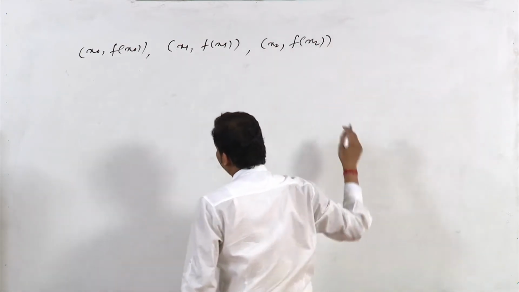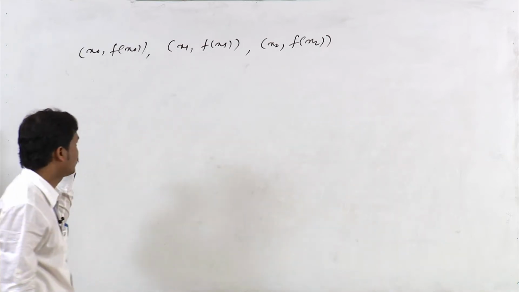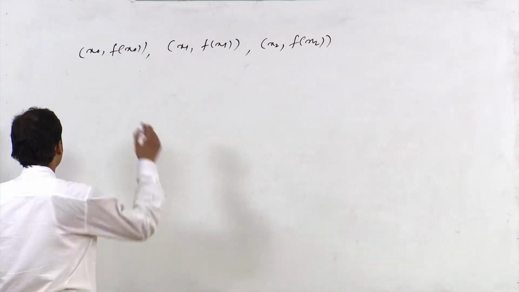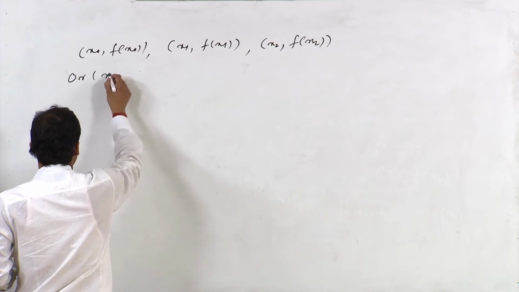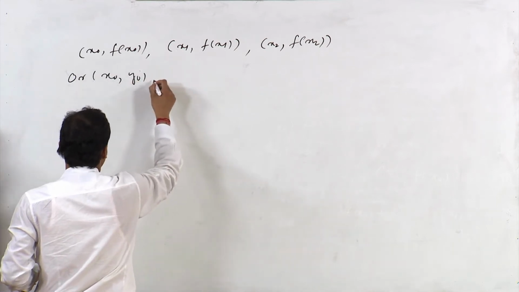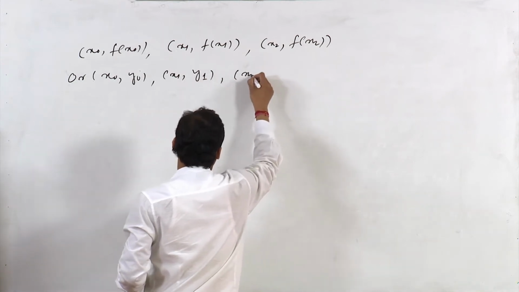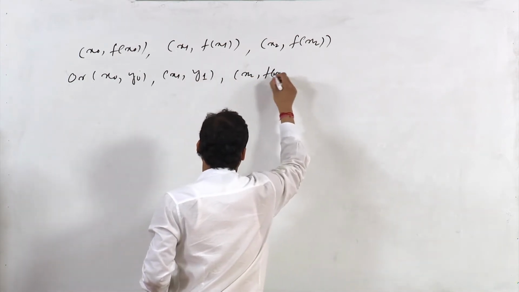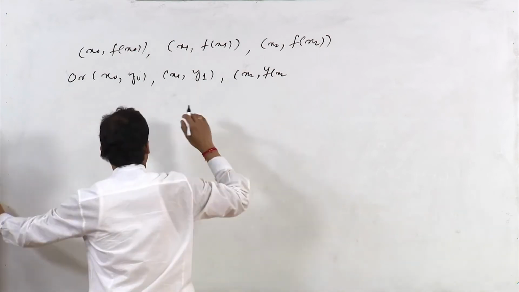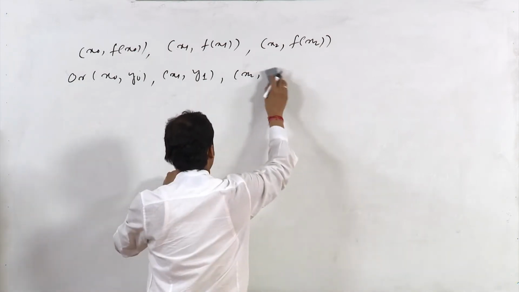Either you can write this as f(x0), f(x1), f(x2), or you can write it as x0, y0, x1, y1, x2, y2.